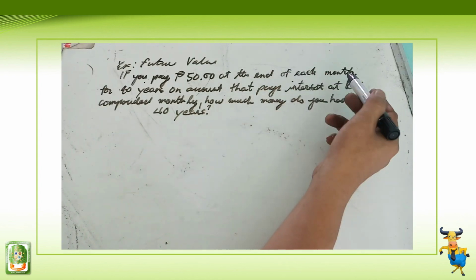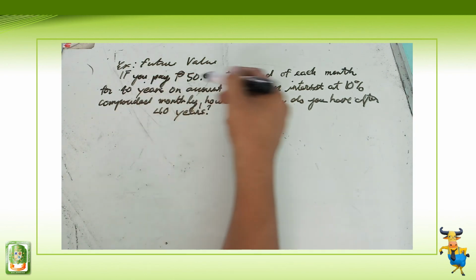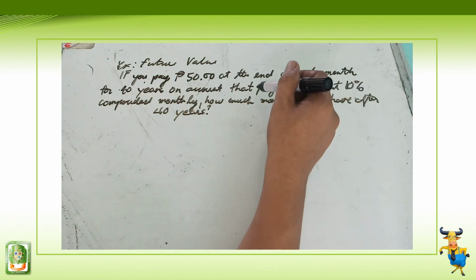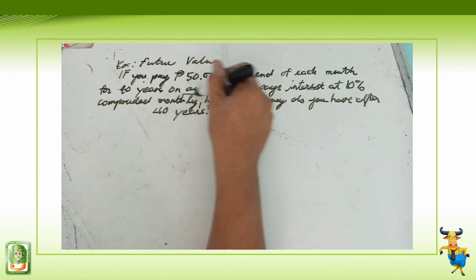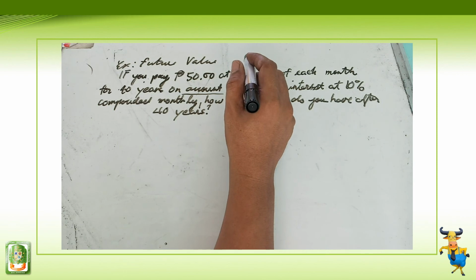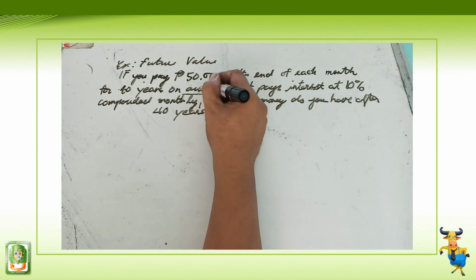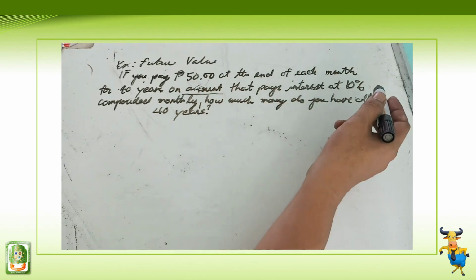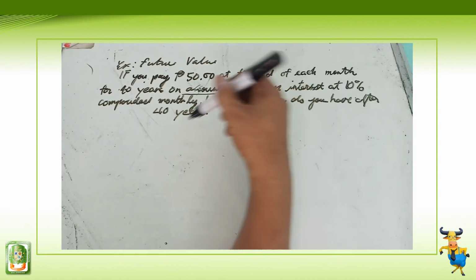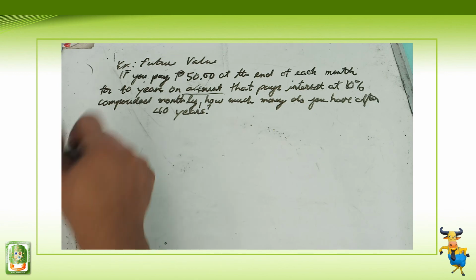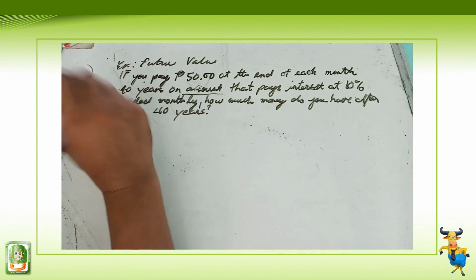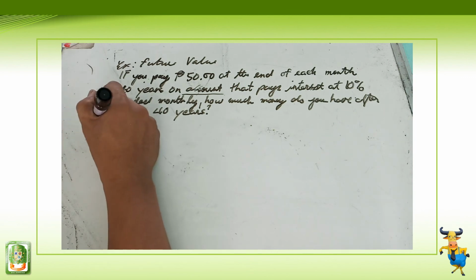If you pay 50 pesos at the end of each month for 40 years on an account that pays interest at 10% compounded monthly, how much money do you have after 40 years? So we are given the values.